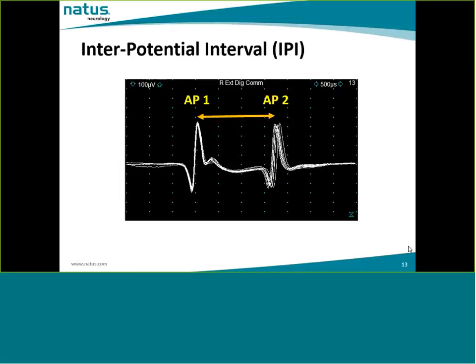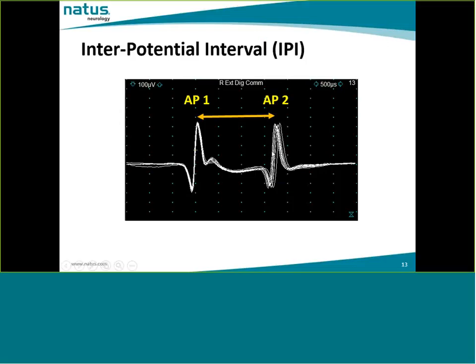Upon recording the signals, we measure the so-called interpotential interval. Once again, here are two action potentials that are time locked. We are triggering on the first action potential. Therefore, it looks very sharp. It appears at the same position.